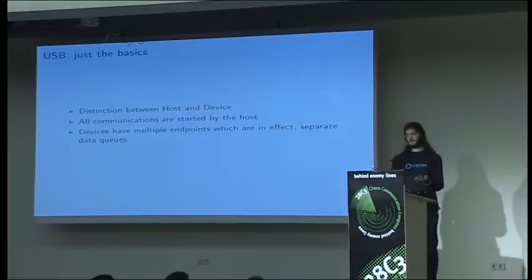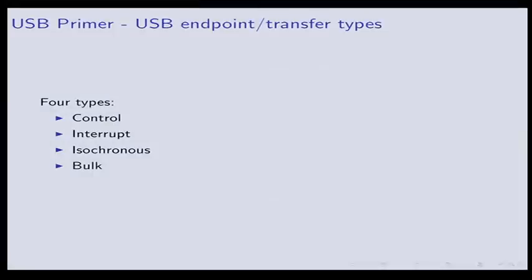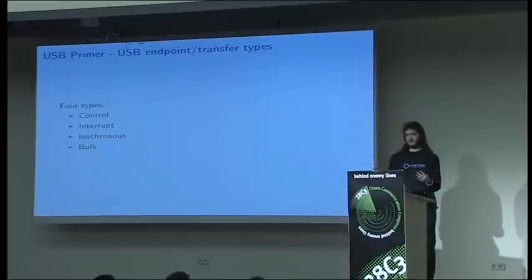They're usually unidirectional, and they are important to the point that I'm going to talk about them briefly. You have control transfers, interrupt transfers, isochronous transfers, and bulk transfers, and they're used in different situations.